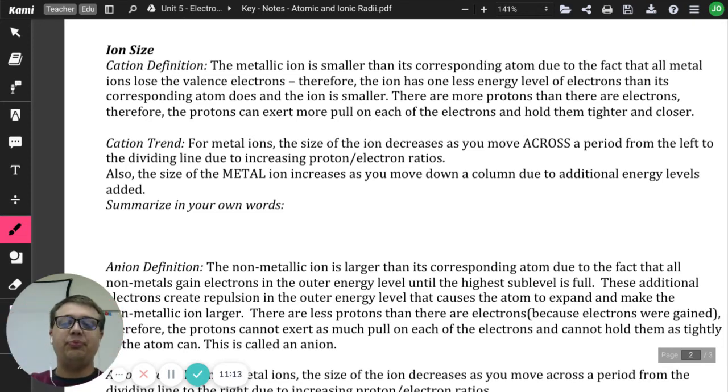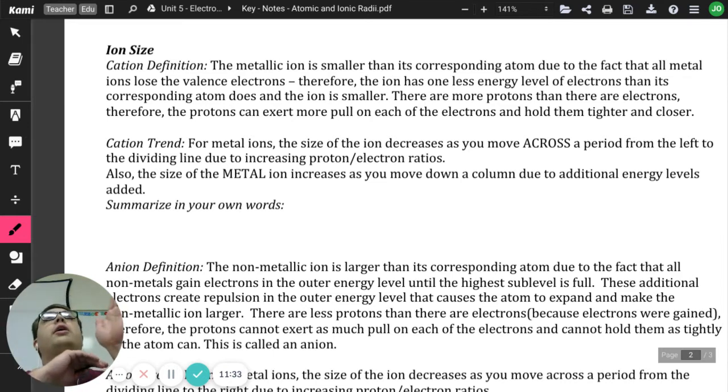Okay? Now, the trend is that as I move further towards the right side of the periodic table in terms of metals, remember we got to stay in terms of metals, that my size is going to continue to get smaller. Okay?